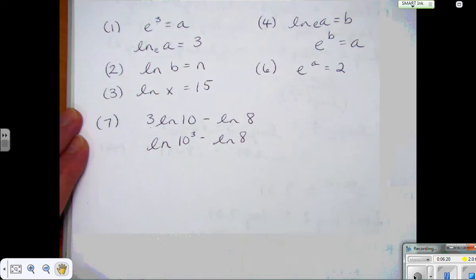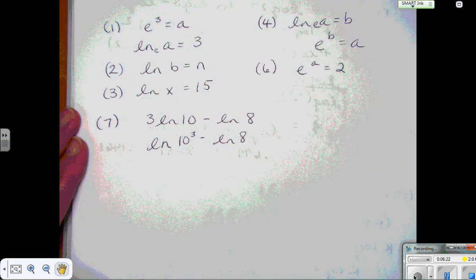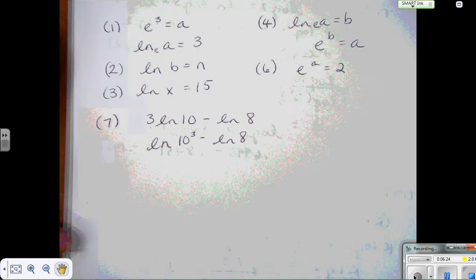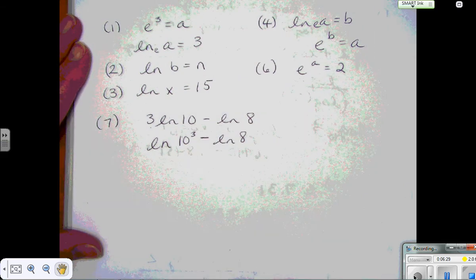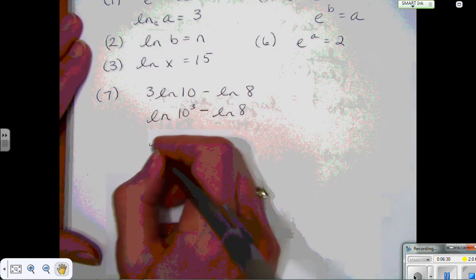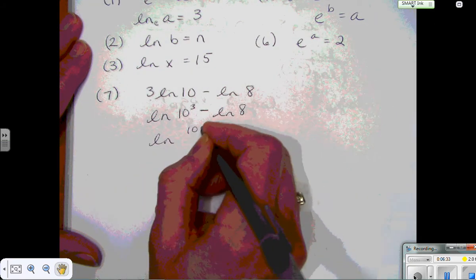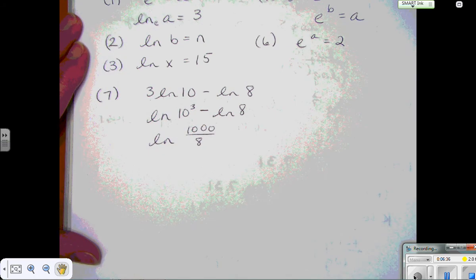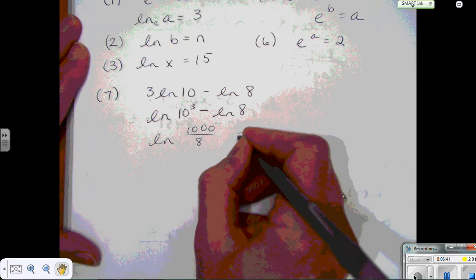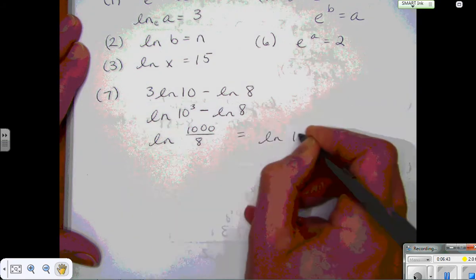And they want us to simplify it all the way down, so we'll go ahead and do that also. Okay, so since you're subtracting the 2 natural logs, that means I want to divide the parts. ln of 1,000 divided by 8.